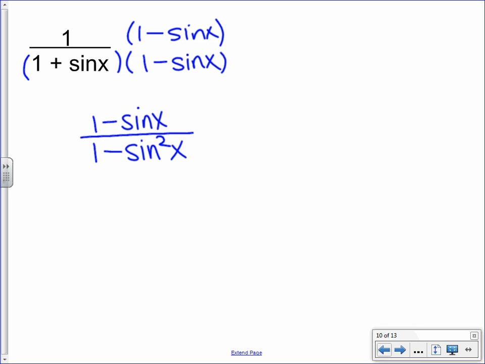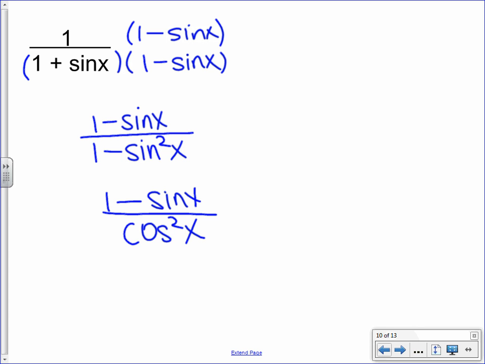Go back and look at your identities. What is 1 minus sine squared? What is that the same as? Cosine squared. Now, this doesn't really look any simpler.